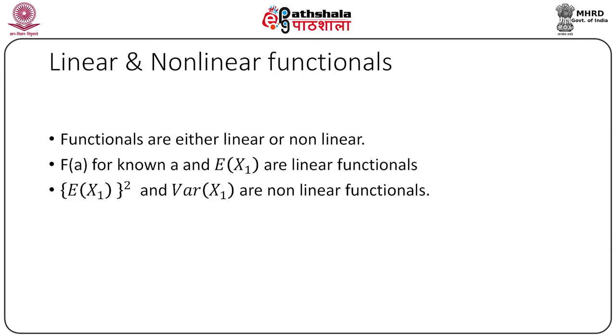So here psi(x) is nothing but the indicator function of x less than or equal to a. Since the expectation of an indicator function is nothing but the probability X less than or equal to a, here psi(x) is the indicator of x less than or equal to a. And for all these functionals, theta(alpha F1 plus (1 minus alpha) F2) equals alpha theta(F1) plus (1 minus alpha) theta(F2) for every 0 less than alpha less than 1. Therefore, the above functionals are called linear functionals.